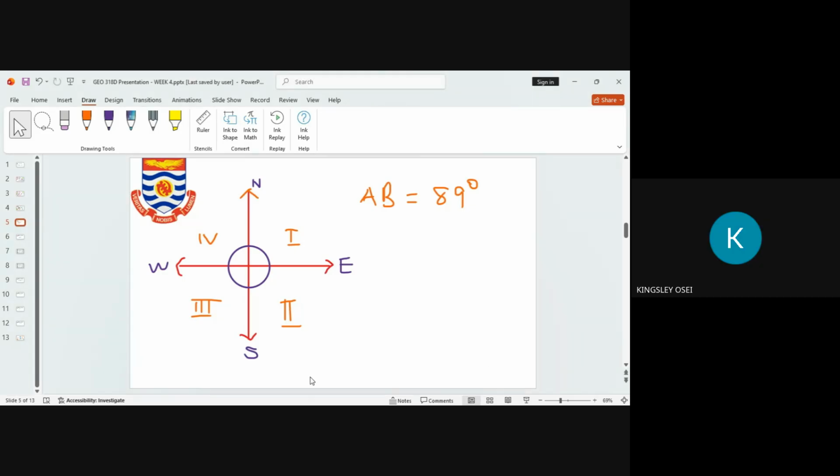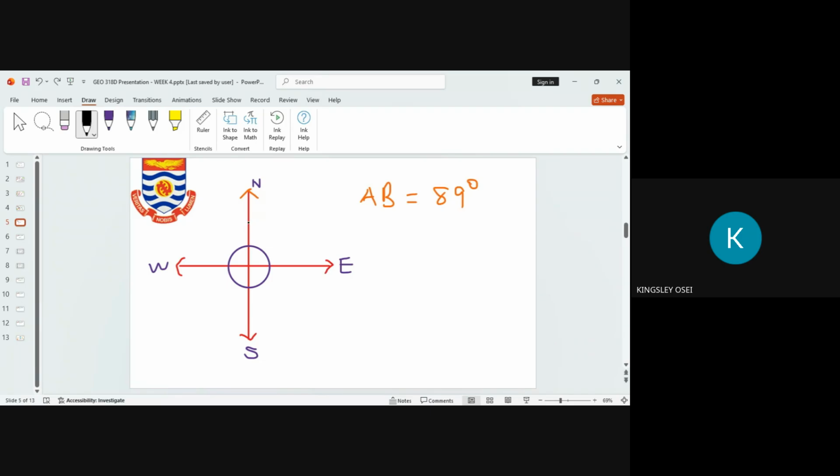It's correct. So first, I want to go by the sketching concept. Forgive me and let me clean this other aspect of the numbering, as you are getting used to the quadrant concept. Now, this is 1, this 2, this 3, this 4. So if I was doing the sketch, this whole circle means that from the north, I go clockwise. 89 is not 90, but it's very close to 90.